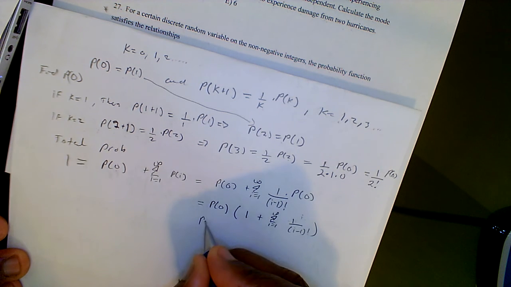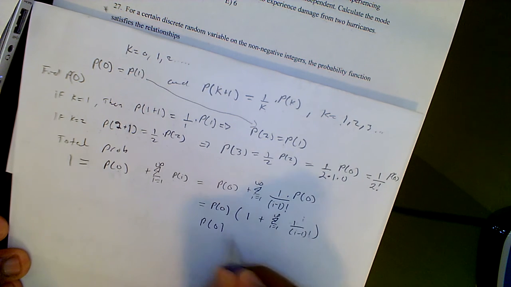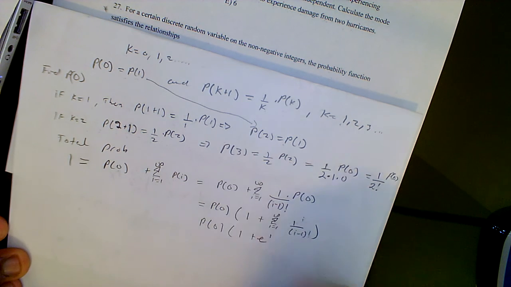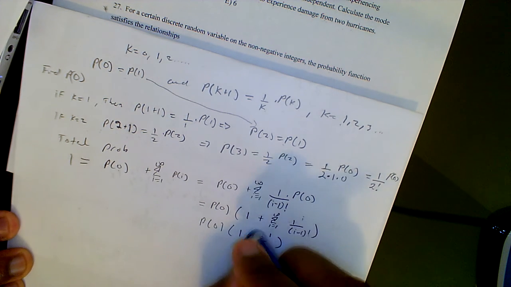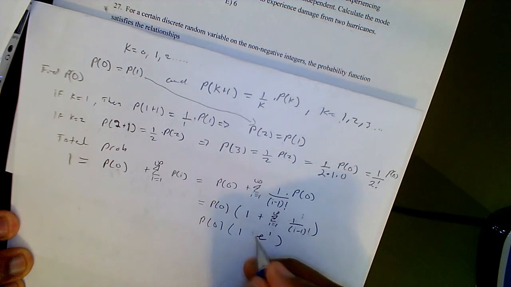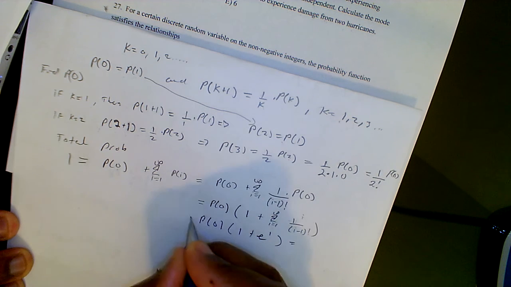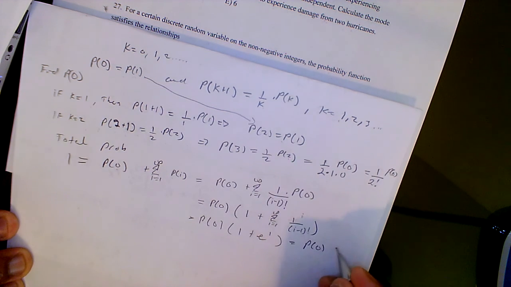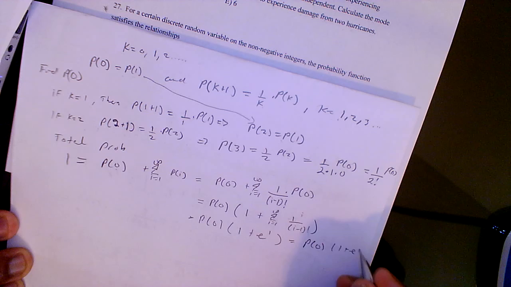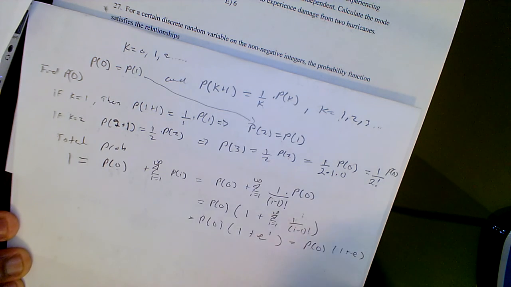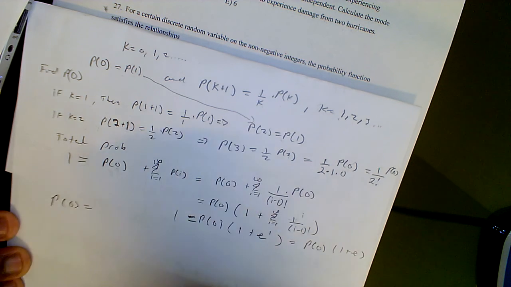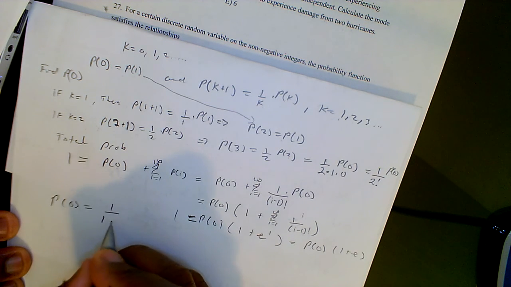So this is really p naught equal to 1 plus e. Whatever, this is all equal to 1, and we can solve backwards for p naught, which would just be 1 over 1 plus e.